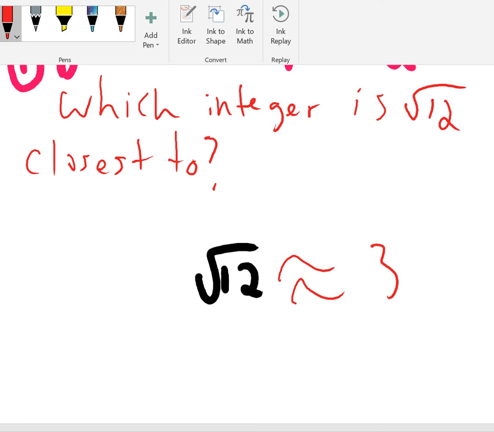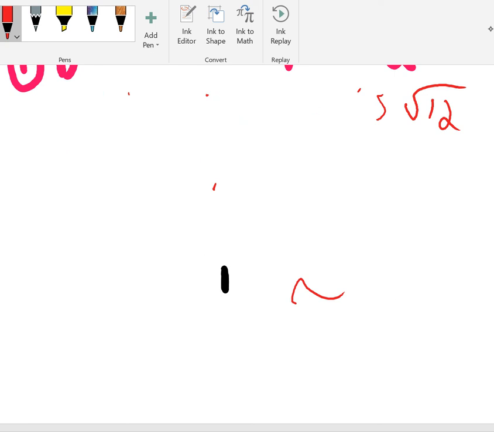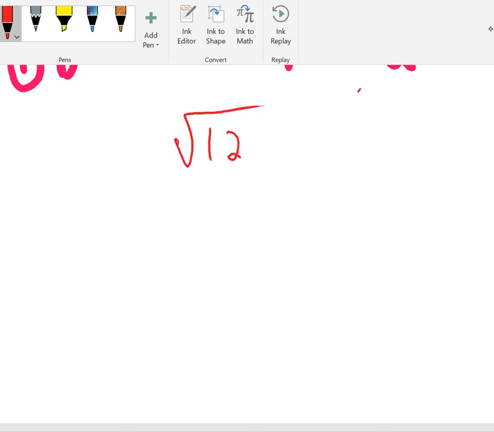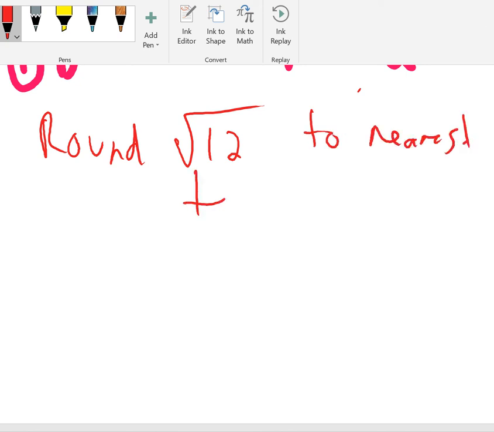All right, now let's do our next example here. Square root of 12. We're going to round it to the nearest tenth, my little friends.